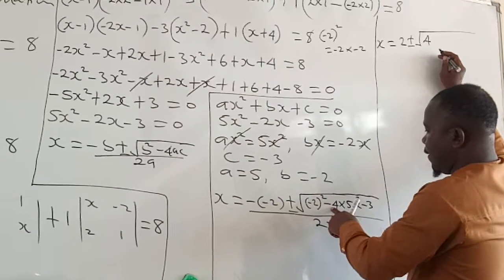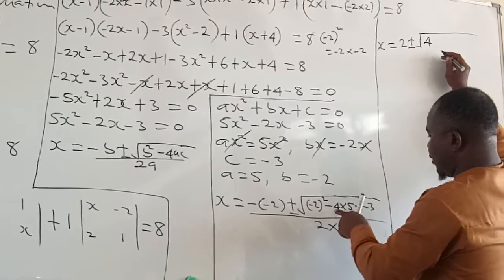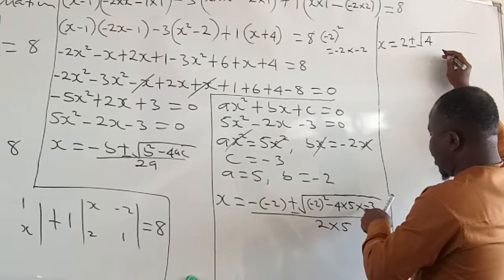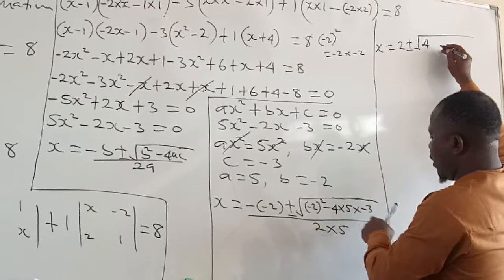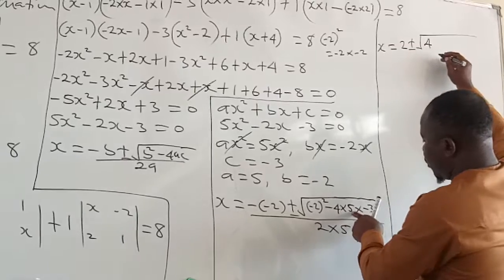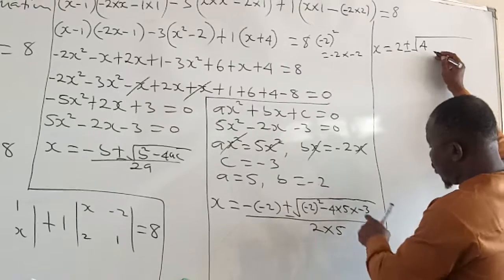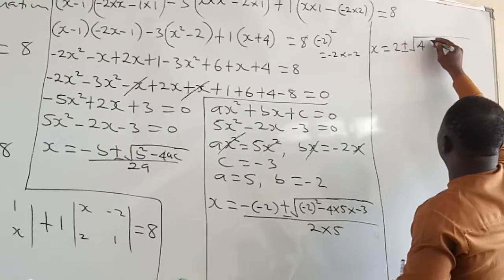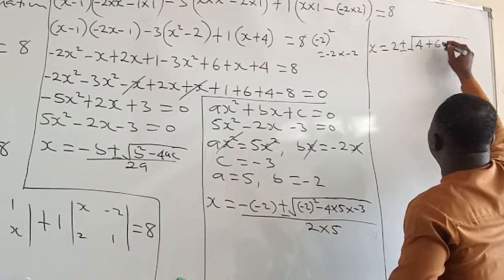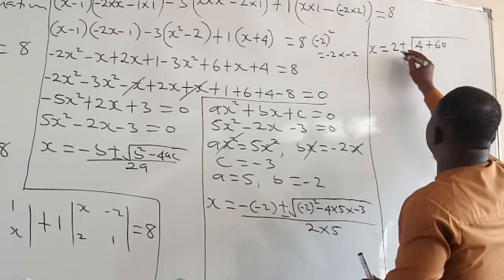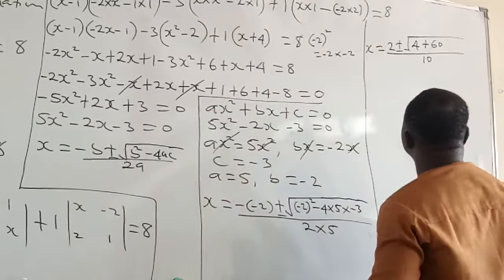Then here will be minus 4 times 5 times minus 3. This one times this will give us 20. Is that clear? Minus 20 times minus 3 is going to give us plus 60. Here will be what? Plus 60. True or false? Is that clear? Then all over 2 times 5 is going to give us 10.